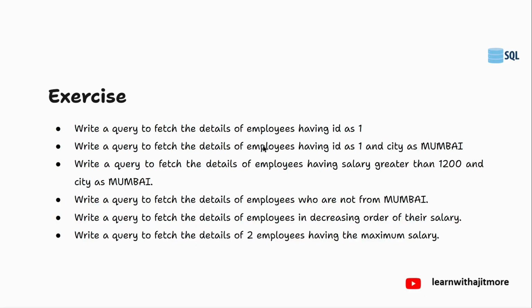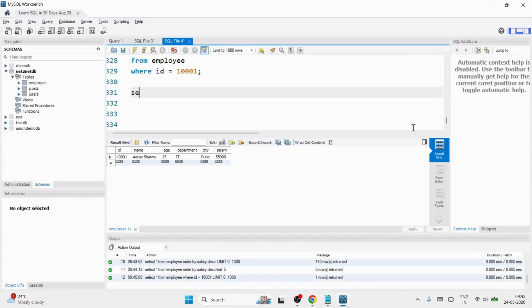Write a query to fetch the details of employee having ID as 1 and city as Mumbai. Both criteria should be satisfied. So you'll write select star from employee where ID is 10,001 and city equal to Mumbai.